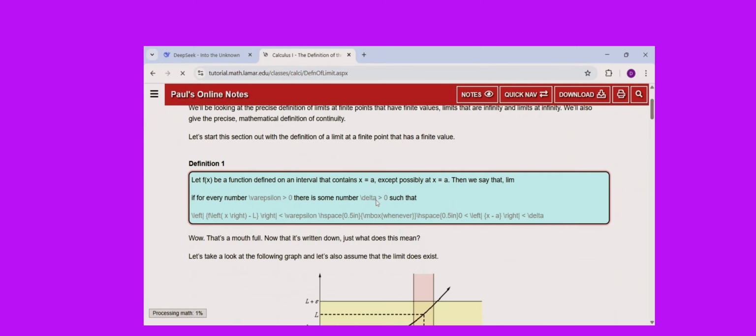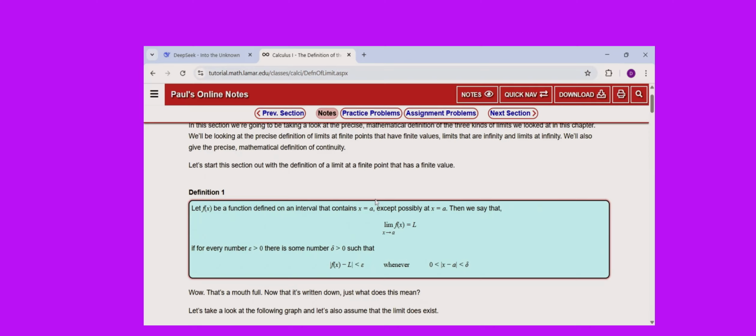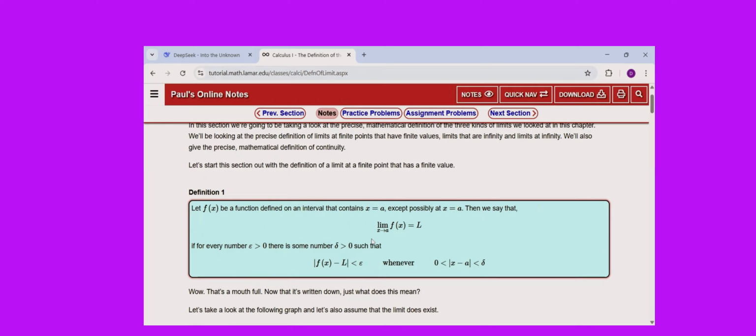Let f(x) be a function defined on an interval that contains x equal to a, except possibly at x equal to a.